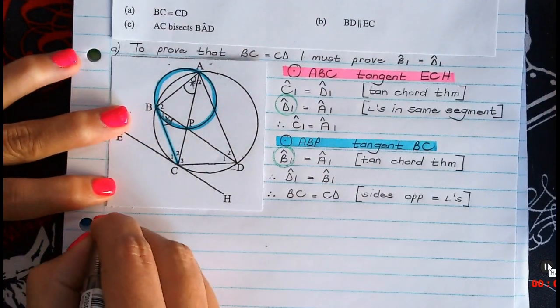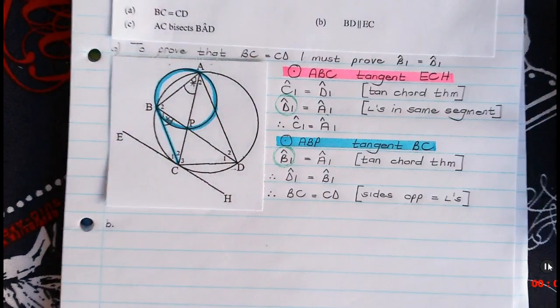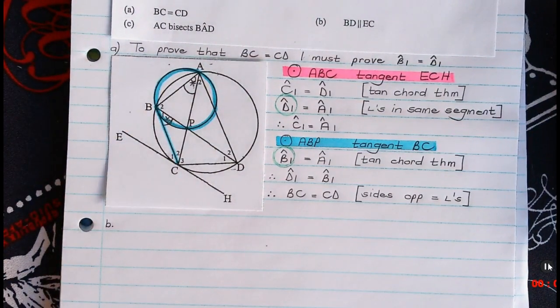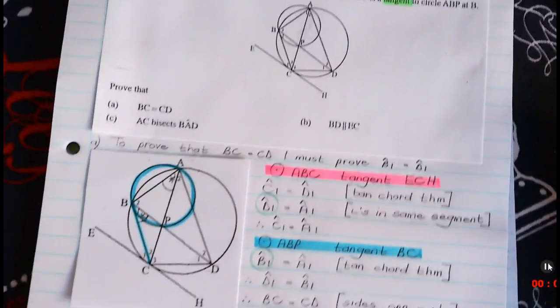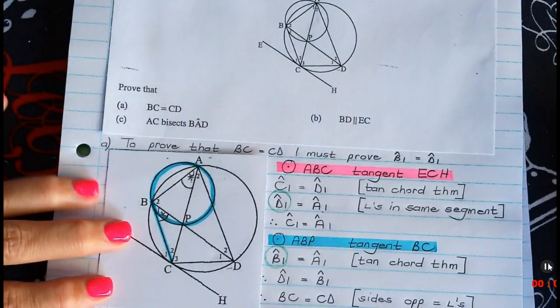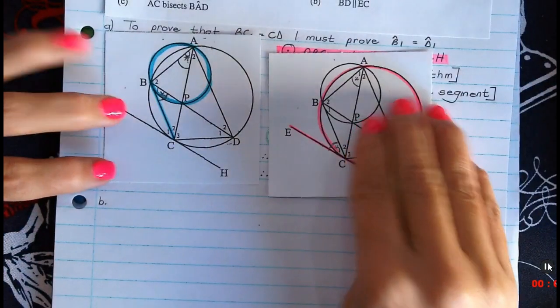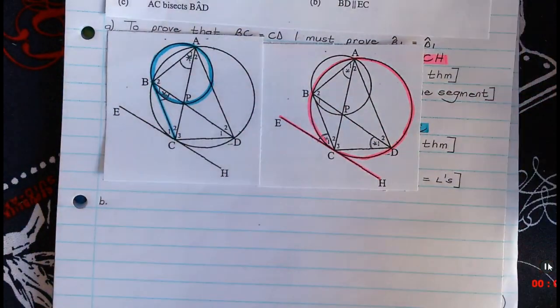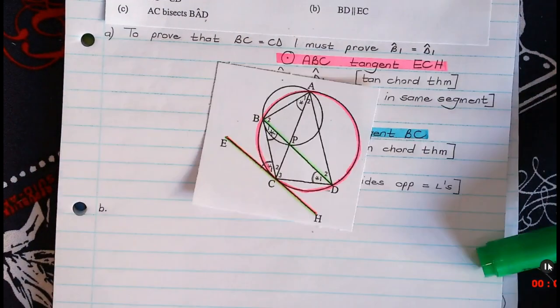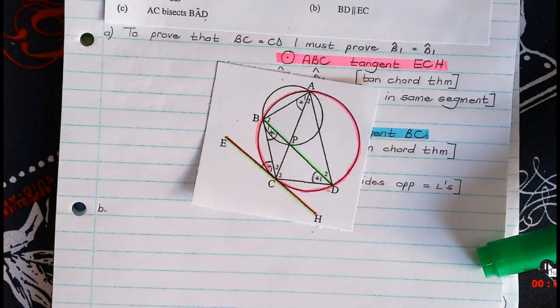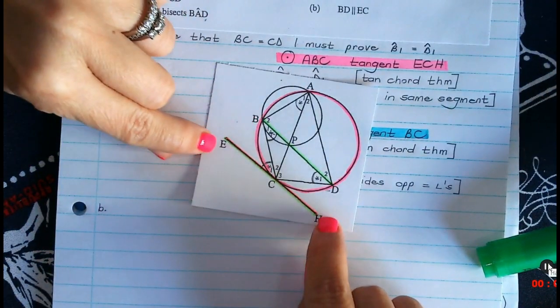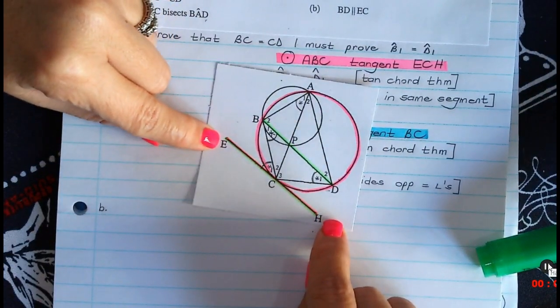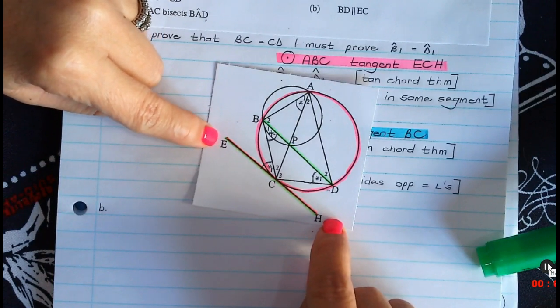Right, so let's then start with B. At B they say we must prove that BD is parallel to EC. Now, if I can combine these two pictures that I've already made, let's just mark all the equal angles now. To prove that BD is parallel to EH, I can either look for corresponding angles, co-interior angles, or alternating angles.